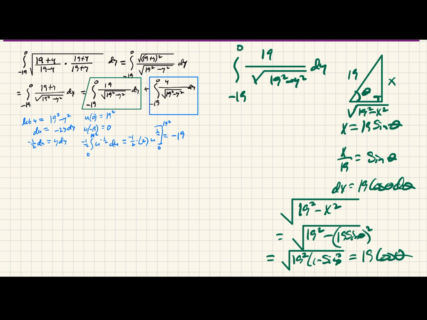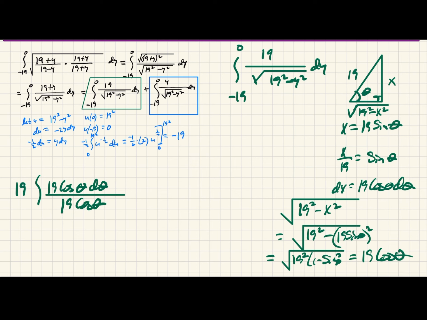Okay, so what do we got now? I'm not going to worry about limits of integration here. We'll substitute back on this one. So I've got 19. I've got dy, okay, or dx for us. That's 19 cosine theta d theta. And then I've got 19 cosine theta on the bottom, right?